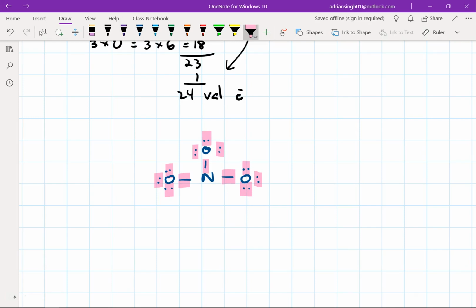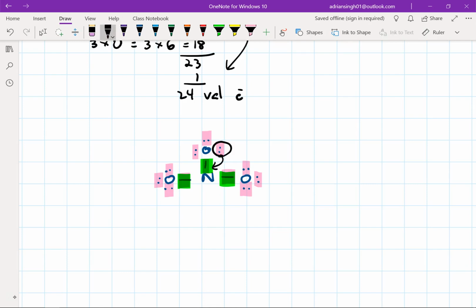All right, all the oxygens are happy because we made them happy at the beginning. The nitrogen, though, right now only has 2, 4, 6. So just as in the previous example, what we can do is move a lone pair of electrons from any one of these oxygens. I'm going to pick the one on the top and move it in.